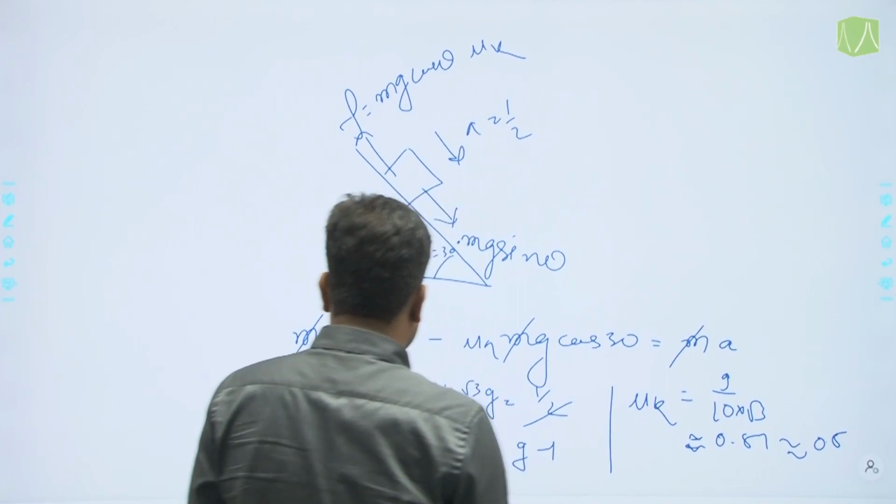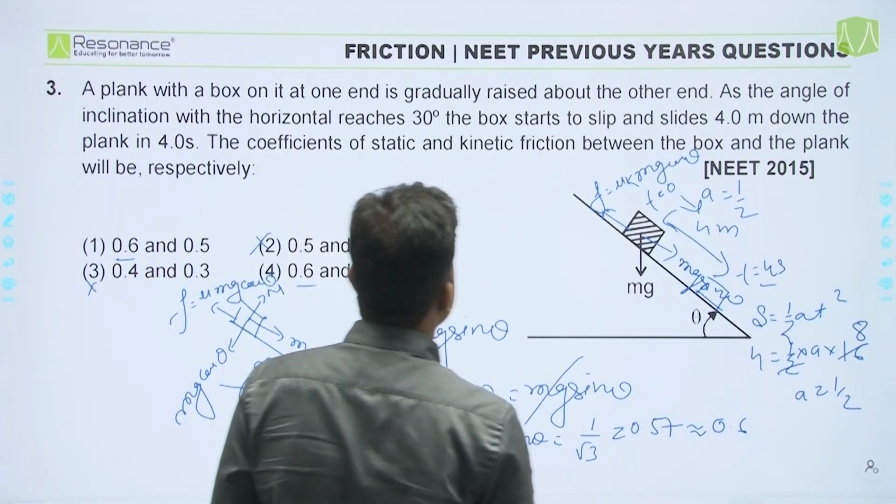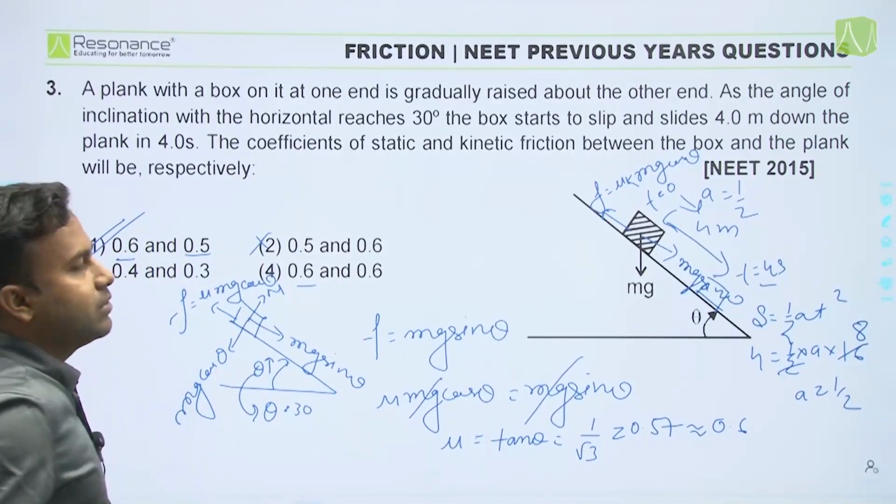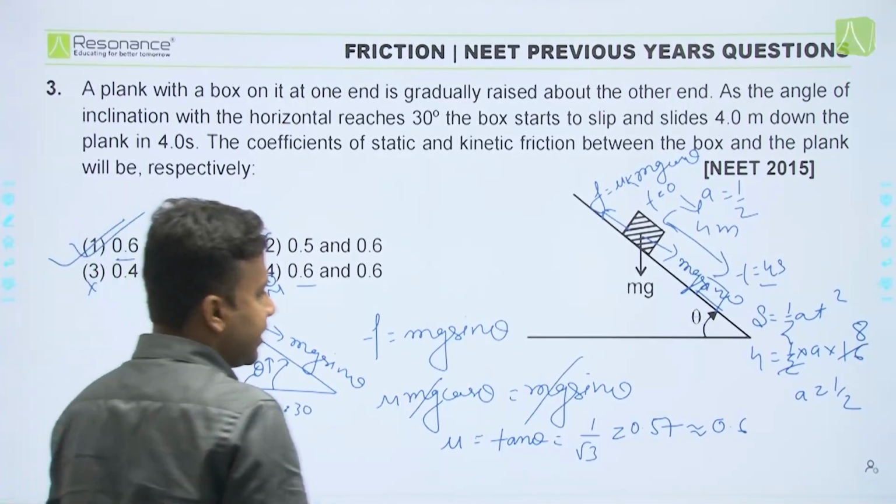Understand? So the answer for this question is 0.5, the first option. Now comes the next question.